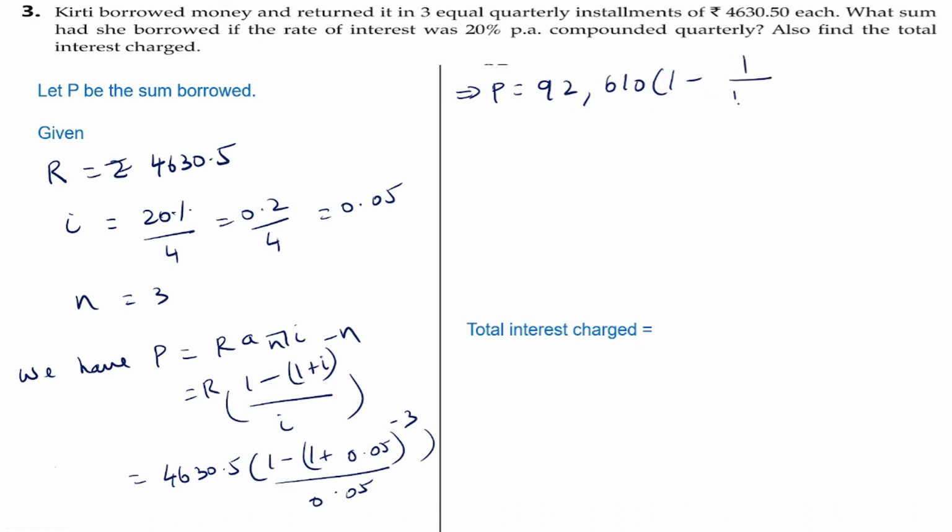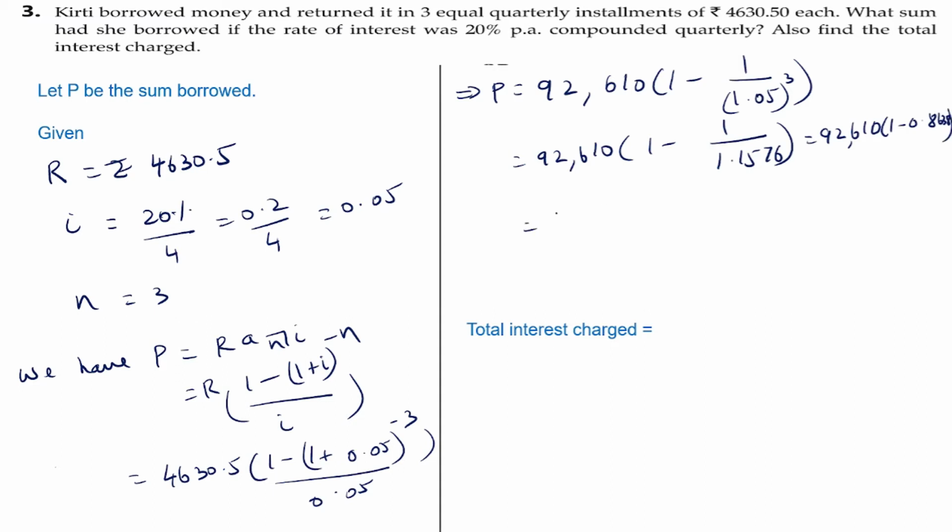That we can write as 1 by 1.05 the whole cube. So this is 92,610 into 1 minus 1 by 1.1576. So when we simplify, we get 92,610 into 1 minus 0.8638, which is 0.1362.